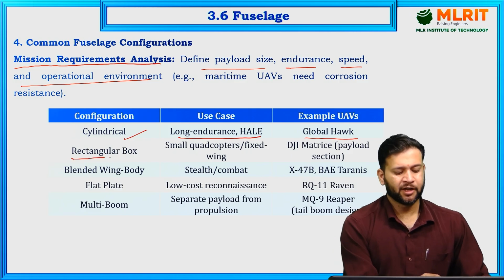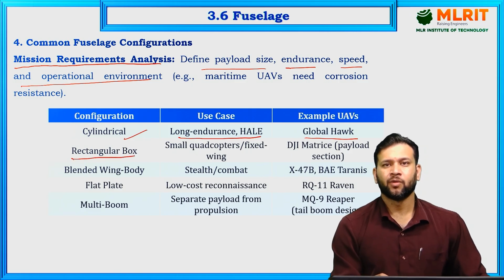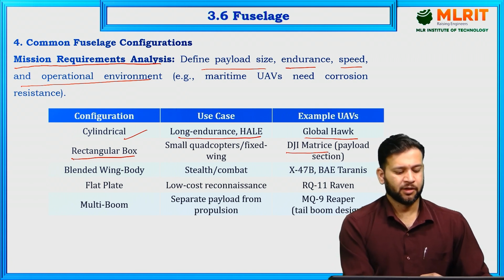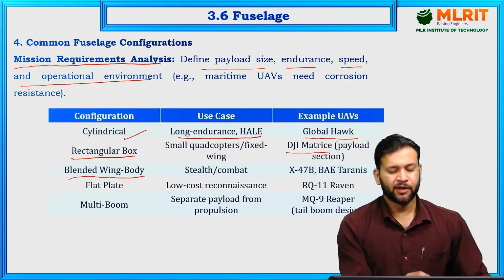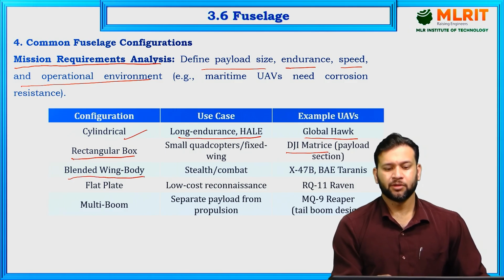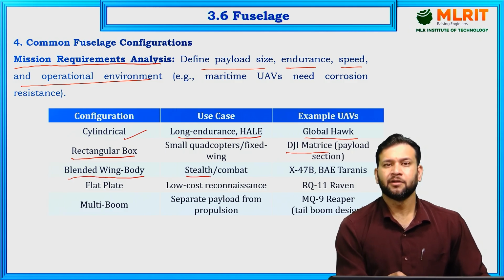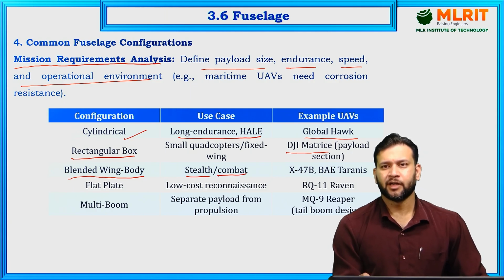We have rectangular box configuration for small quadcopters or fixed wing unmanned air vehicles, and DJI Matrice is an example with a payload section here. Then we have configuration blended wing body, which is used for stealth unmanned air vehicles or combat unmanned air vehicles. The existing unmanned air vehicles are X-47B and BAE Taranis.